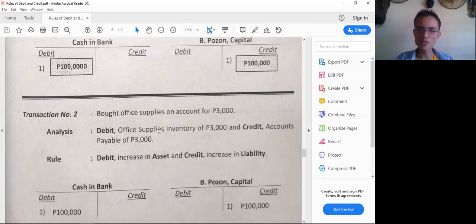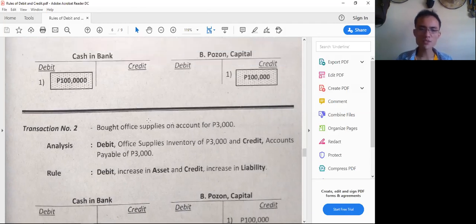Therefore, it can also enter into transactions, but on behalf, of course, of certain natural persons. The natural persons are the human beings, because businesses do not have mouths to talk. That's why there are representatives to do the transactions for them. But then we assume that the business bought office supplies on account.